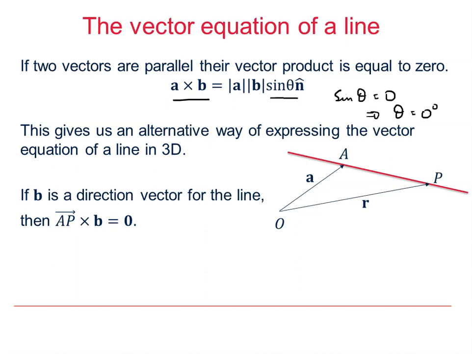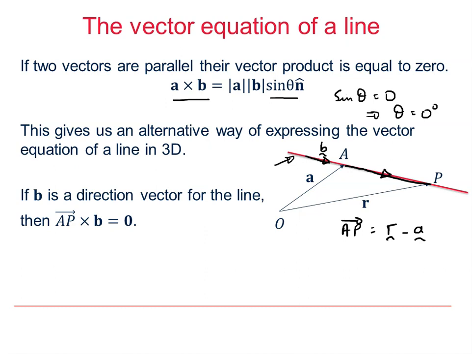So let's look at the line which is in red here, and let's say that its direction vector is given by a vector b. Well, that must be parallel to the vector from A to P. And the vector from A to P, if we look at the diagram, AP is equal to vector r minus vector a.